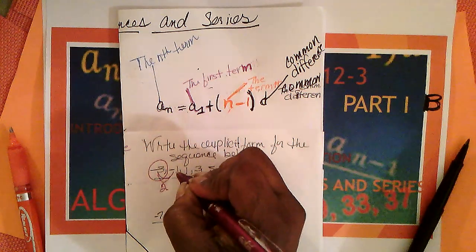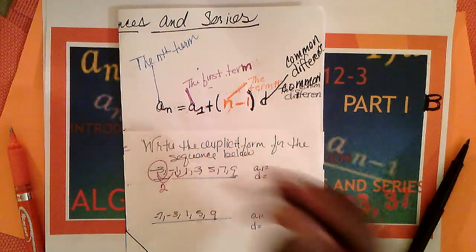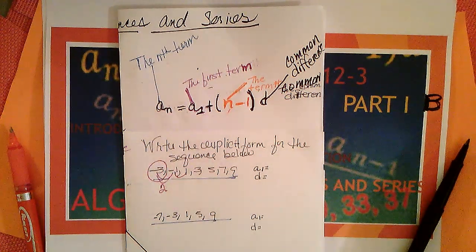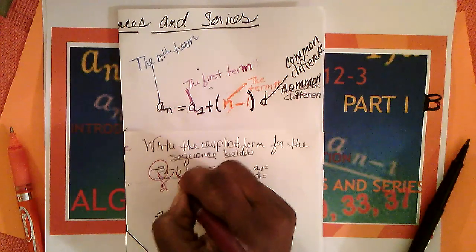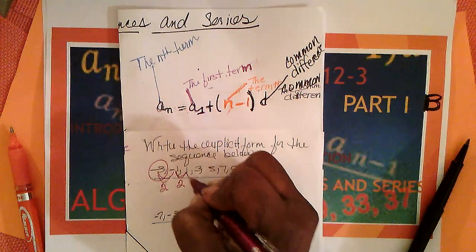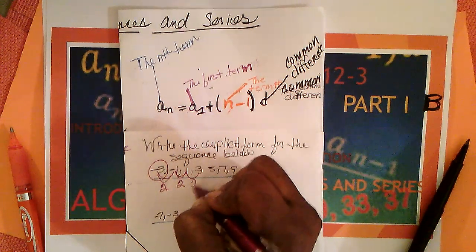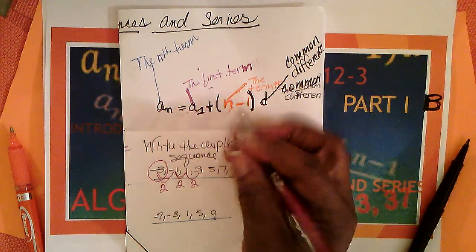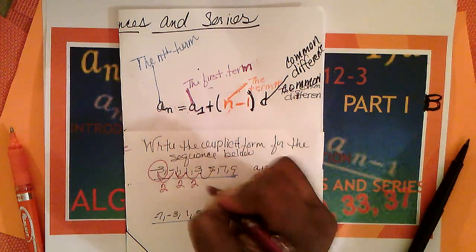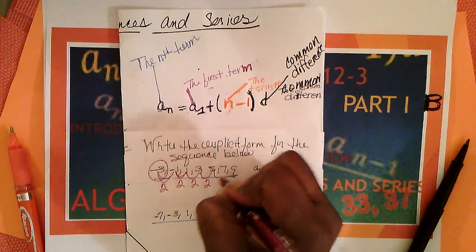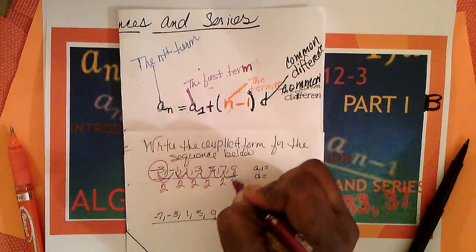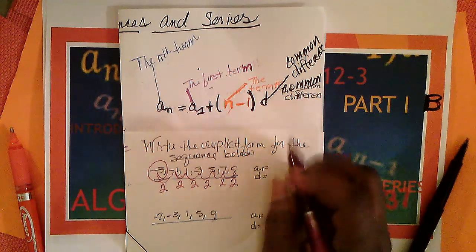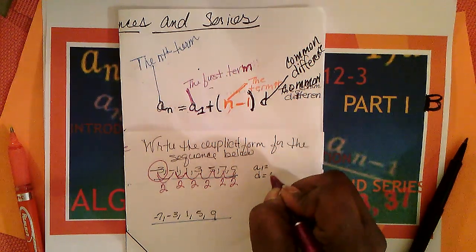Then you have -1 to 1. So if you're looking at a number line, it goes from -1 to 0 to 1. So there'll be 2. Then you go from 1 to 3, which is a 2 interval. And then from 3 to 5, 2. And then from 5 to 7 is 2. And then from 7 to 9, 2. So that gives us a common difference of 2.